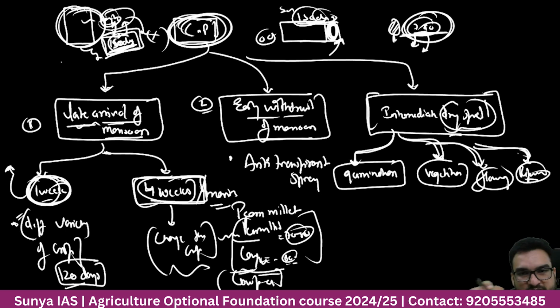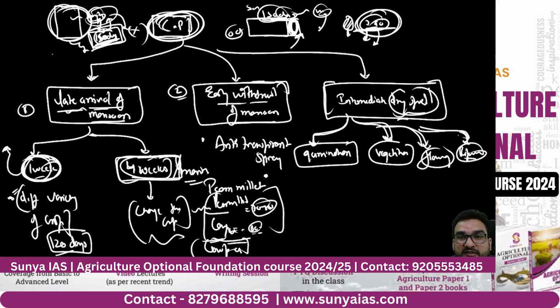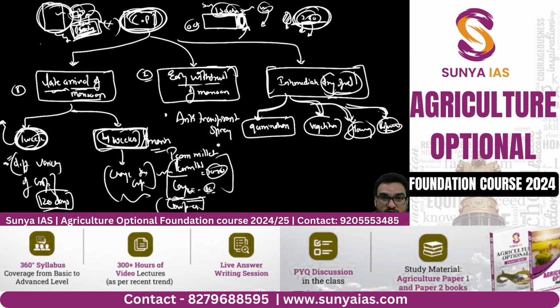How? Anti-transpirant spray. Also, if I do not go for any practices, and I know that this early withdrawal of monsoon has happened, and I keep on growing that crop, then my sorghum will die down eventually, because the availability of water is not there because of this early withdrawal of monsoon. So this crop will give me nothing.